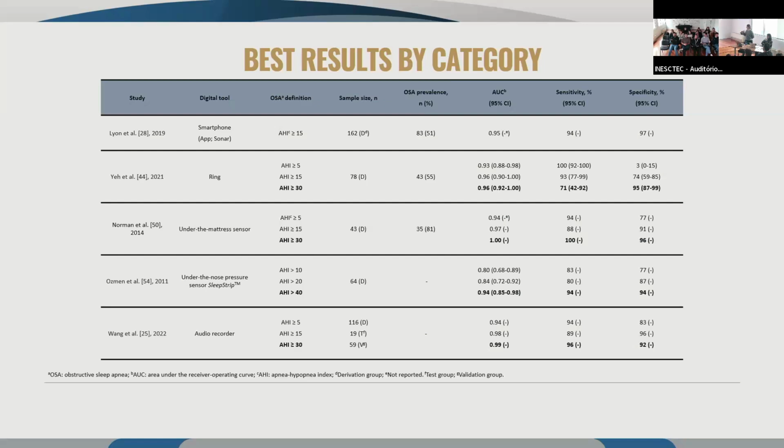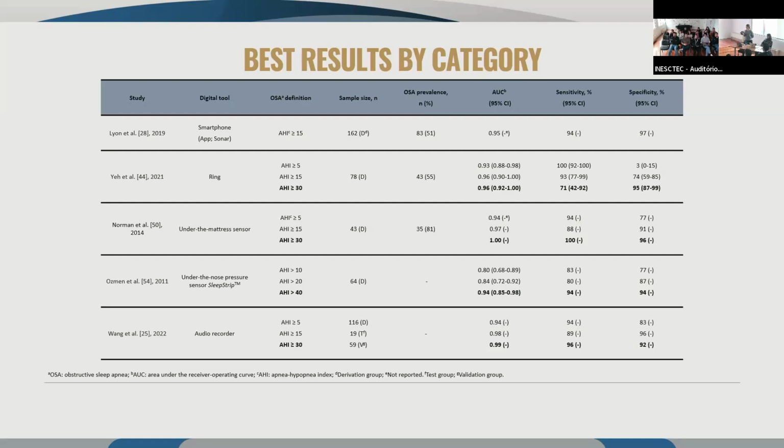Just to give you another context that I missed in the introduction, obstructive sleep apnea is defined by the number of events per hour. If you have fewer than 5, then you are normal, so you are healthy. If you have above 5, you have the disease. And then you have categories of severity of the disease.